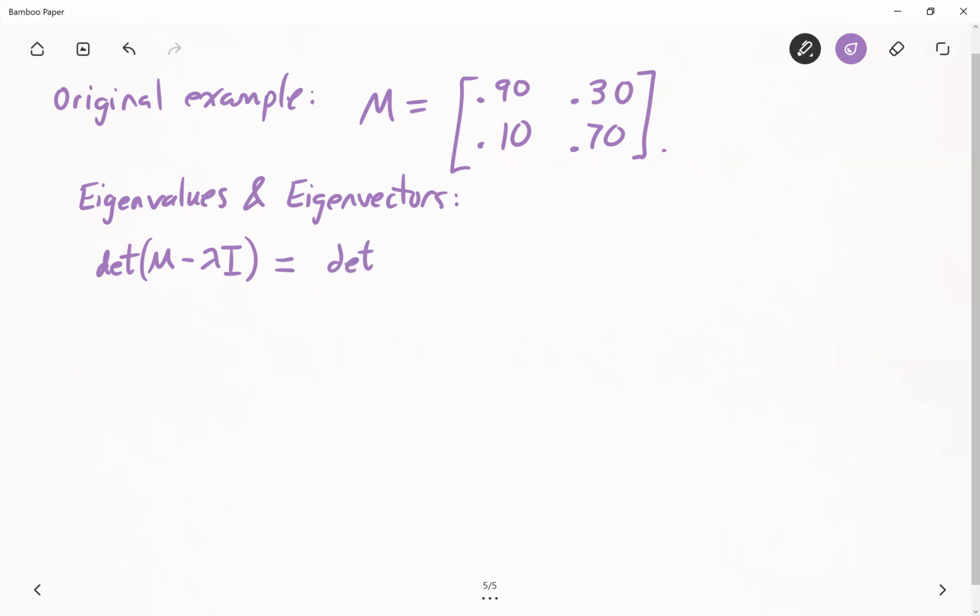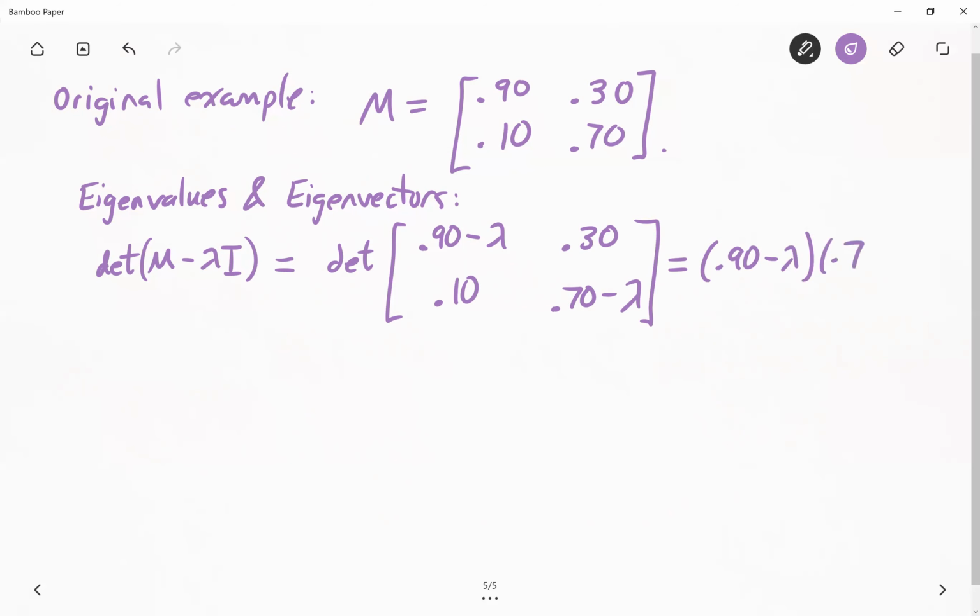And so we'd like the determinant of 0.90 minus lambda, 0.30, 0.10, 0.70 minus lambda. And that determinant is 0.90 minus lambda times 0.70 minus lambda minus 0.10 times 0.30. And what do we get here? Let's see, we'll get 0.90 times 0.70, and that's going to be 0.63.